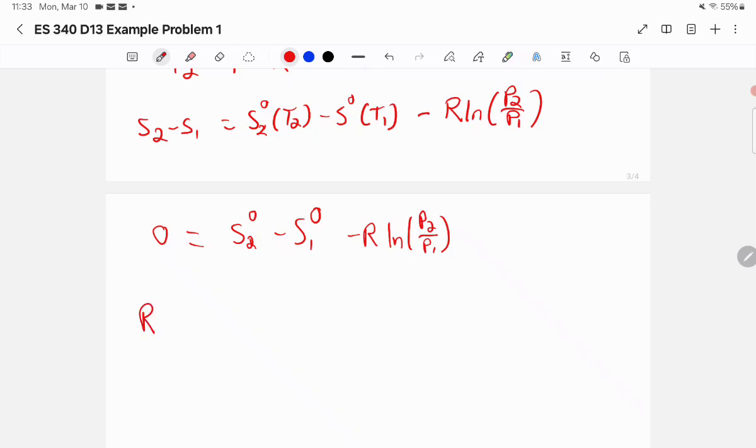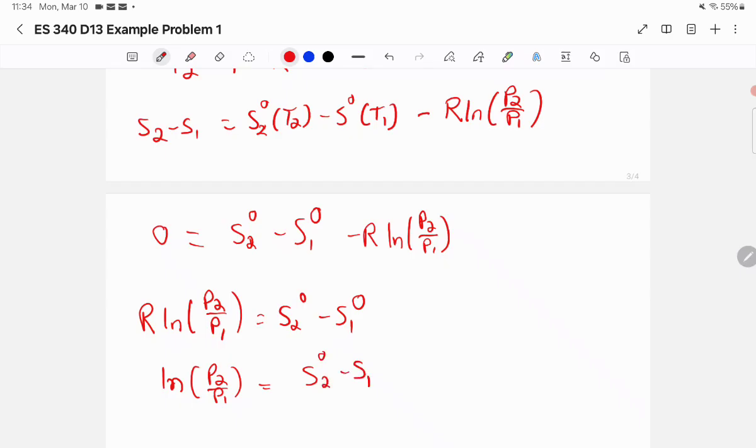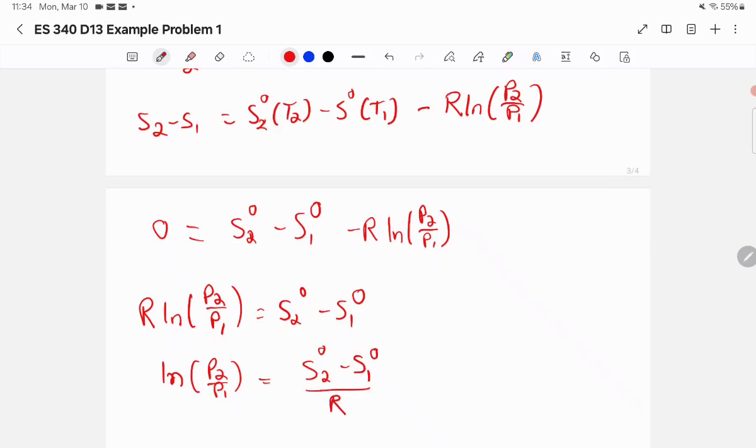Which means that R times the natural log of P2 over P1 is equal to S2 circle minus S1 circle. The natural log of P2 over P1 is equal to S2 circle minus S1 circle divided by R. We're just doing some algebra now.